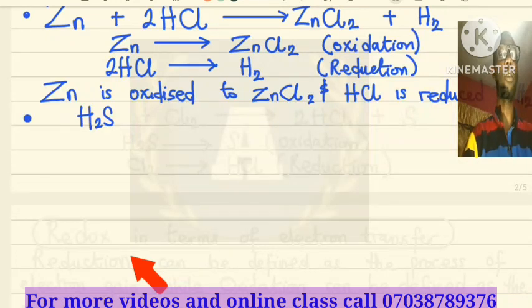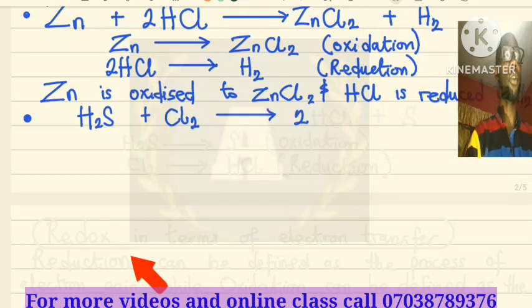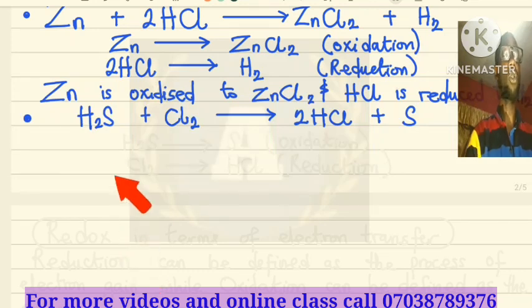Now, another strategic and analytical example is the reaction of hydrogen sulfide with chlorine gas to produce hydrochloric acid and sulfur. Sulfur is an example of an electronegative element, and hydrogen is electropositive.